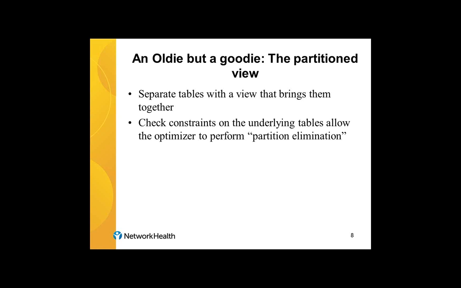And I'm going to show an example of this. Also, because of those check constraints, we get that partition elimination I mentioned. And partition views are a great way of demonstrating partition elimination.